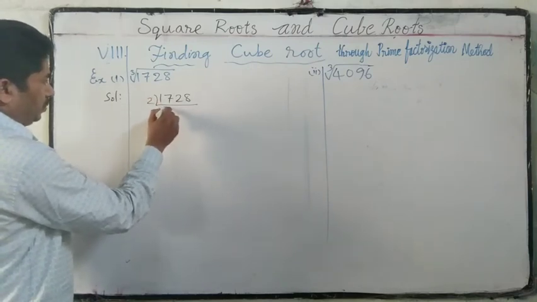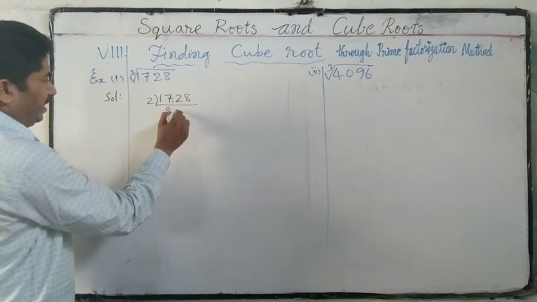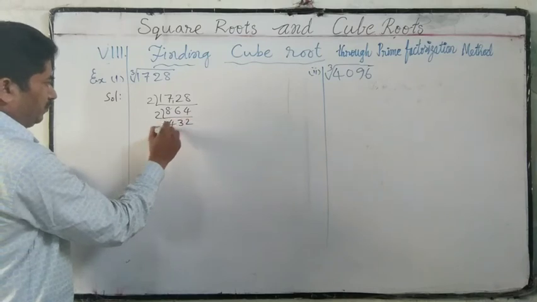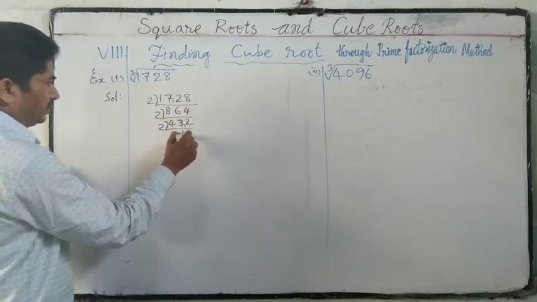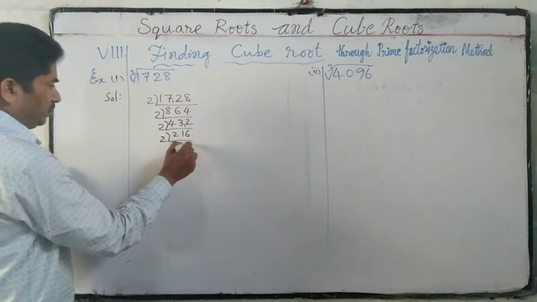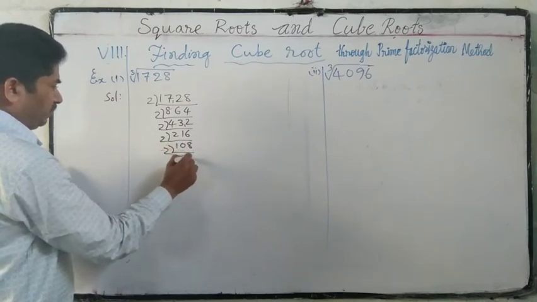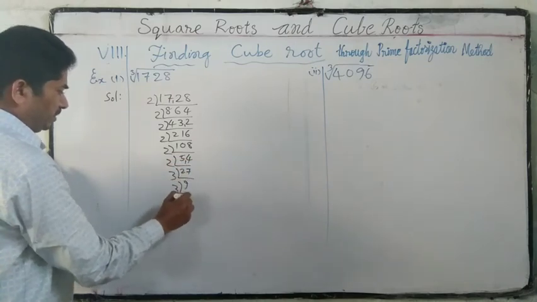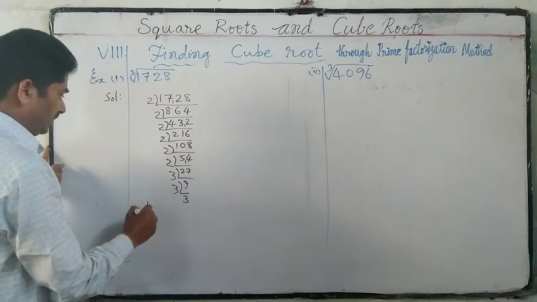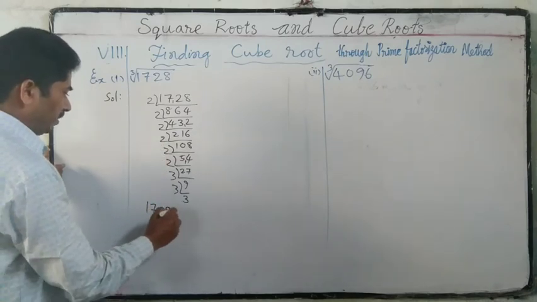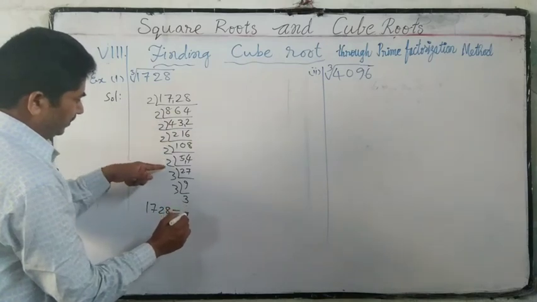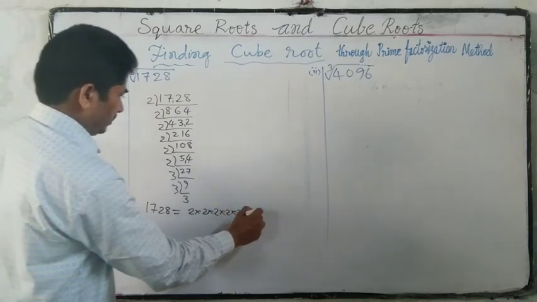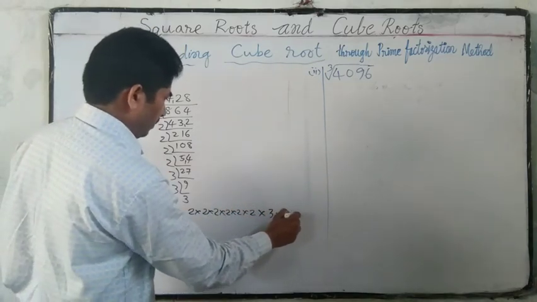Dividing by 2 repeatedly, 1728 is equal to 2 into 2 into 2 into 2 into 2 into 2 and 3 into 3 into 3.